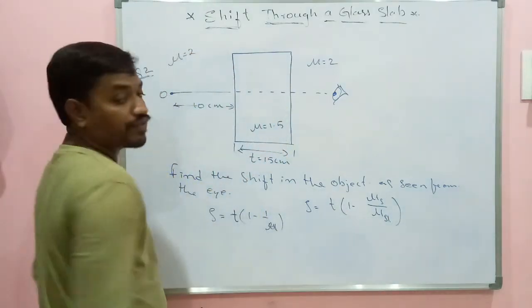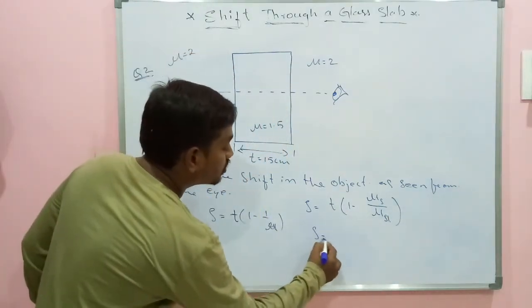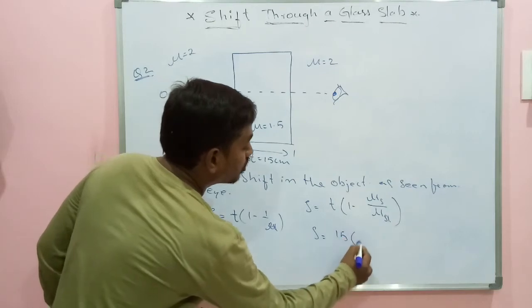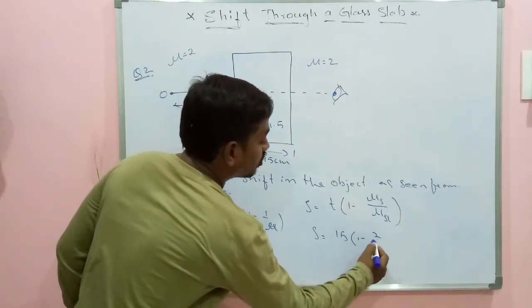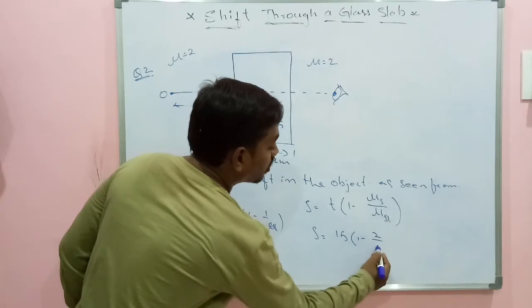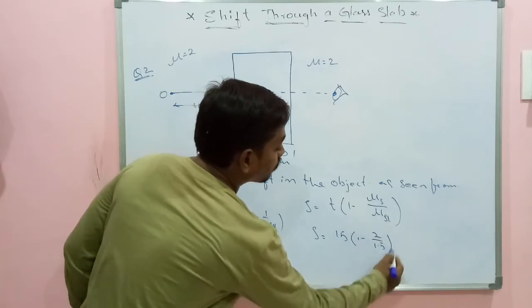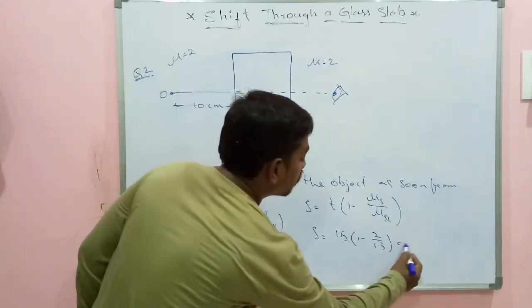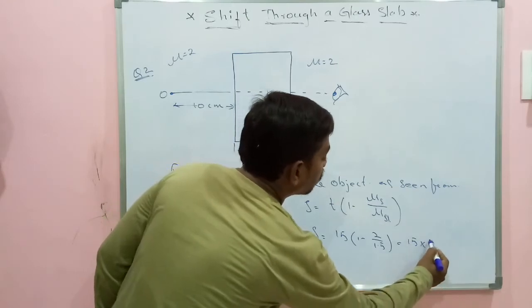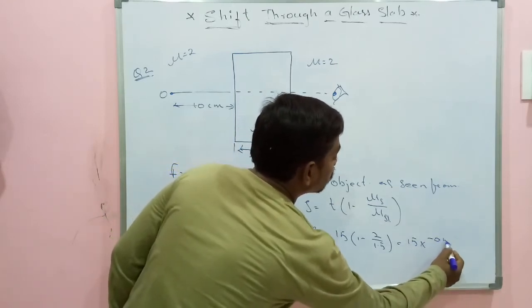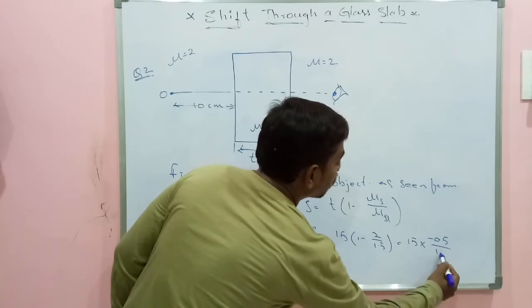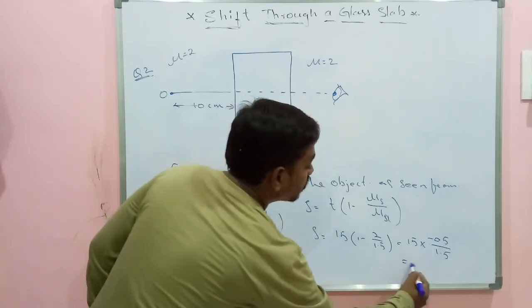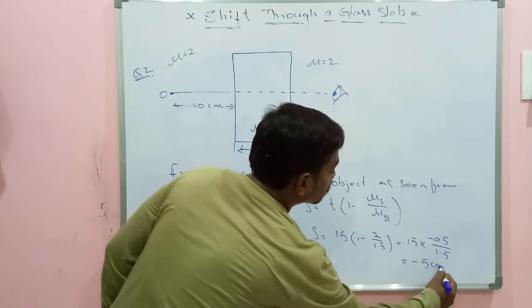Now you need to use this formula. So we'll be getting S equals 15, 1 minus 2 by 1.5. So this will be around 15 into minus 0.5 divided by 1.5. If I simplify, I will be getting minus 5 centimeters.